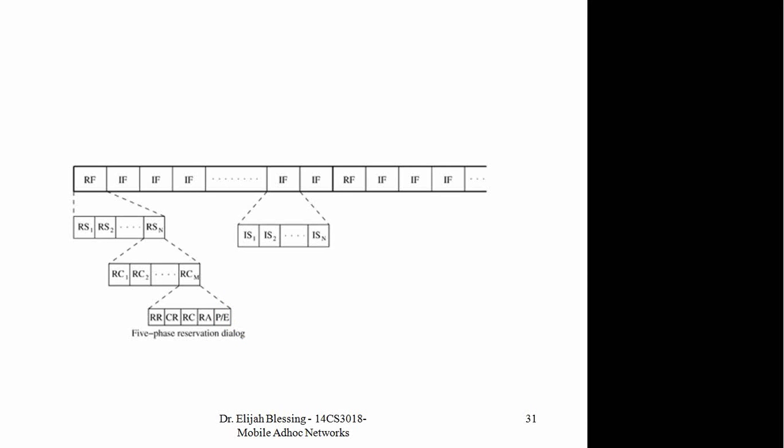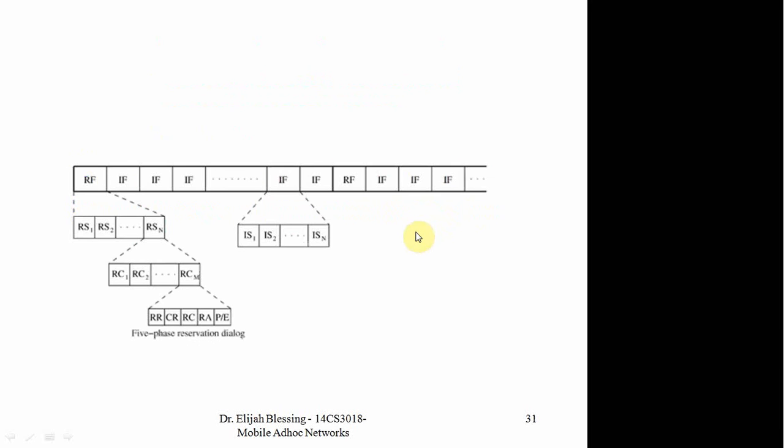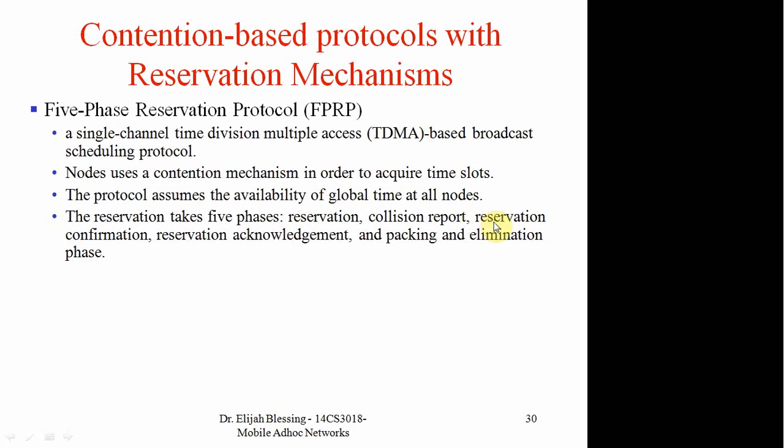And that's where we have RR, CR, RC, RA and P by E. Now what is RR? We learnt it here. It's the reservation phase. Are you following my cursor? And then you have CR, which is the collision report phase.